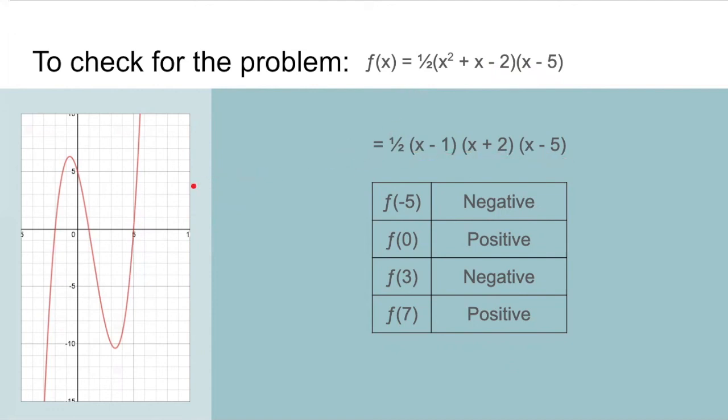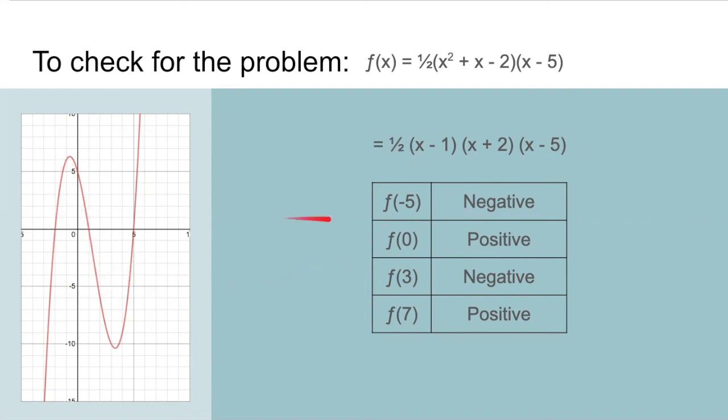What we can do is plug in values in the ranges between the roots to check the y behavior between those roots, because we already know that at the roots, the y will just equal 0, right? But between the roots, we want to double check our graphing and see if the range here will really result in positive y's, and the range here will really result in negative y's.